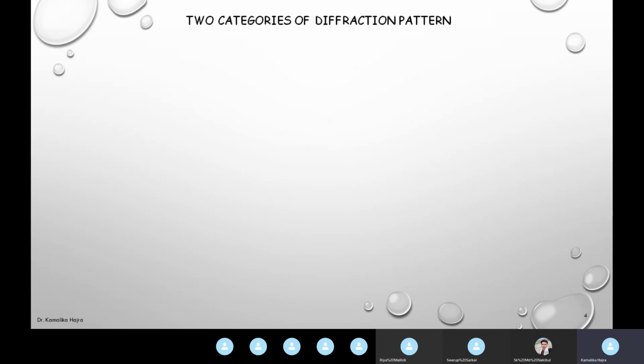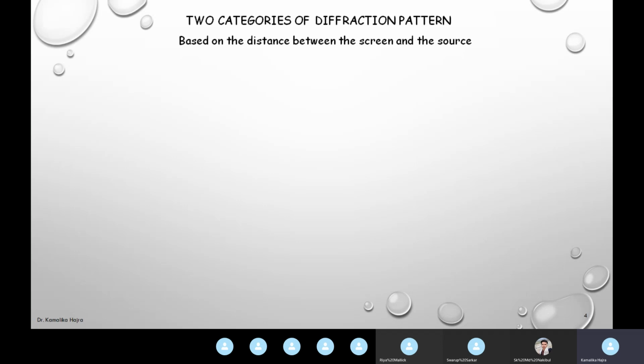All right. So now that we know what exactly diffraction is, it is basically bending of light. We have to go over to the categories of diffraction. Basically, there are two categories of diffraction, and the categorization is based on the distance between the screen and the source.